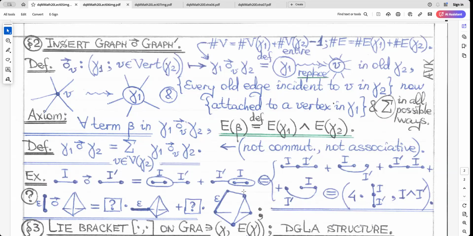But then some of them can be 0? Yes, some incidentally can be 0. And the most interesting thing is to ask what happens if you insert whatever into a 0 graph, or when you insert a 0 graph into whatever.